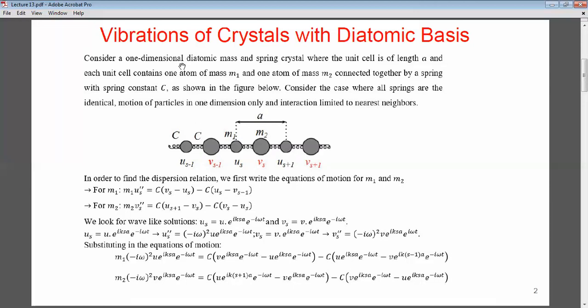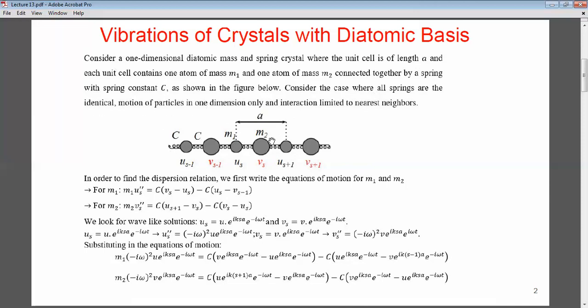So consider a one-dimensional diatomic mass and spring crystal where the unit cell is of length a, and each unit cell contains one atom of mass M1 and one atom of mass M2 connected together by a spring with spring constant C, as shown in the figure below. Consider the case where all the springs are identical.